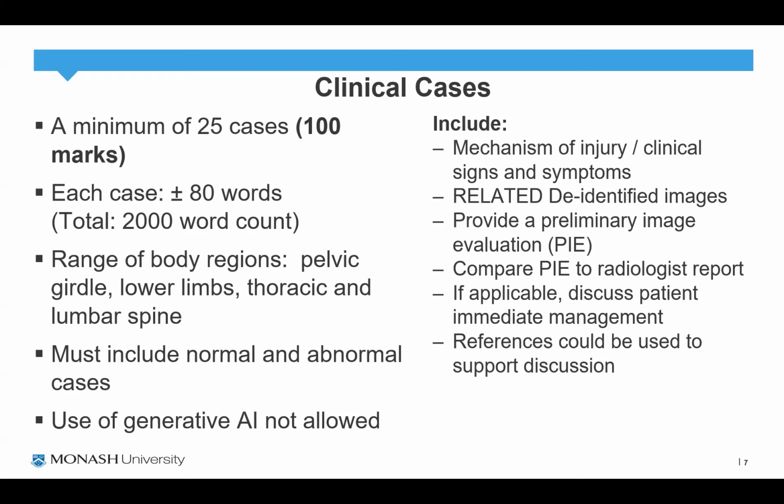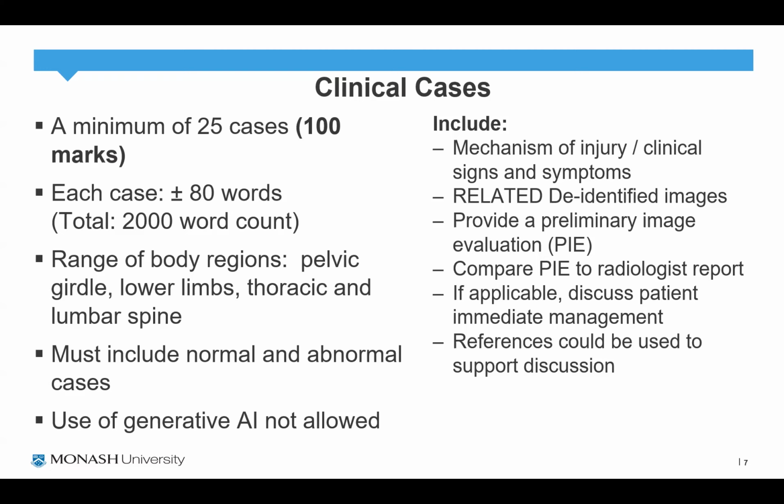And something that I might mention: say, for example, you have a patient who has been referred for a lumbar spine, but the patient also had a pelvis, and you want to write both of that up. Write them up as 2 separate cases because it's very difficult for you to actually assign what you do.